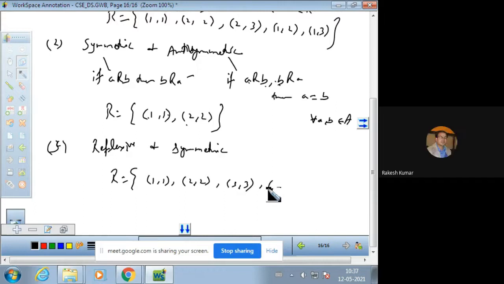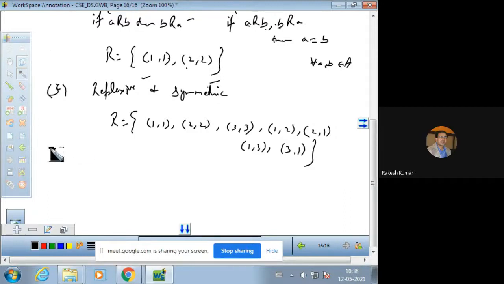And if we have (1, 2) in the relation set, then (2, 1) must be in the relation set. So if we take (1, 3) in the relation set, then (3, 1) should be in the relation set. And if we take (1, 3) and do not take (3, 1), then that relation is not a symmetric relation. But now, in this case, it is both reflexive and symmetric.